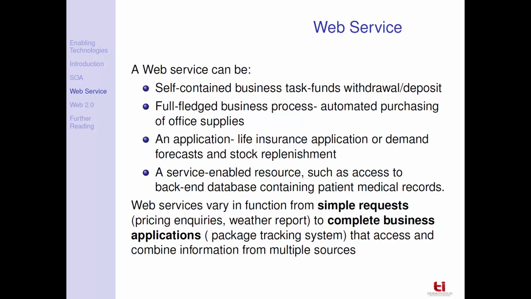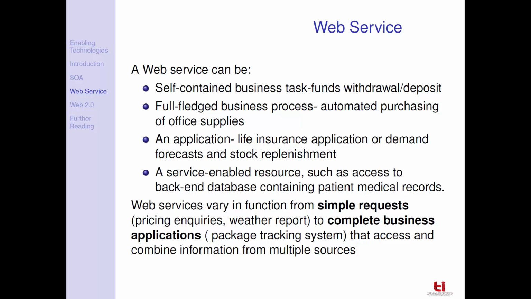Next, full-fledged business processes. For example, automated purchasing of office supplies. If you look at this, for purchasing, the supply needs to be monitored, the inventory needs to be checked to see what is lacking and what is not, and accordingly an order has to be prepared and placed.